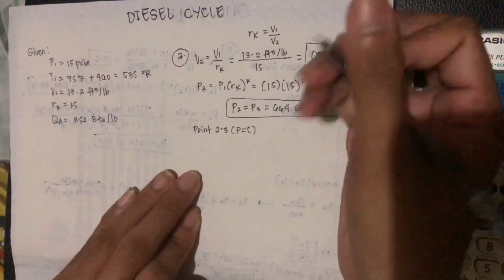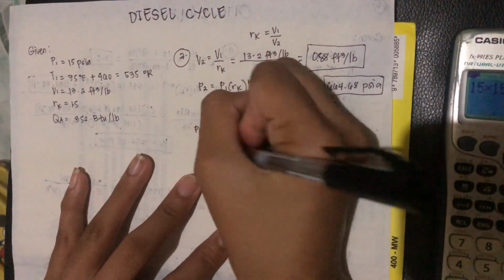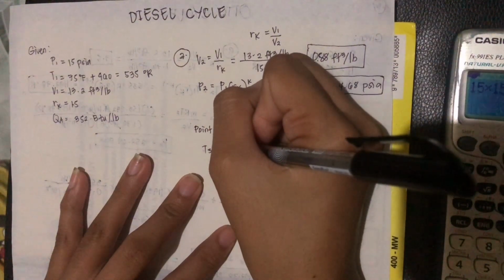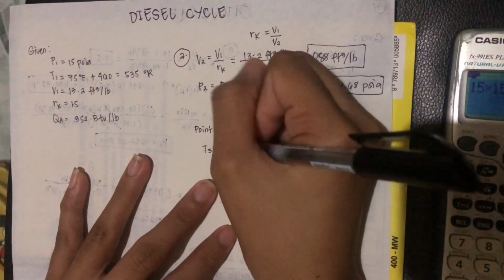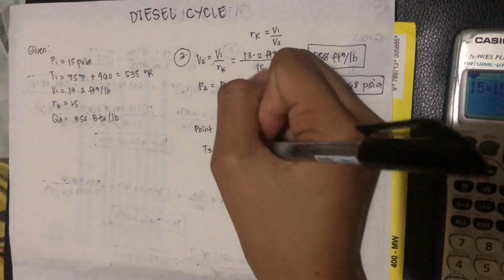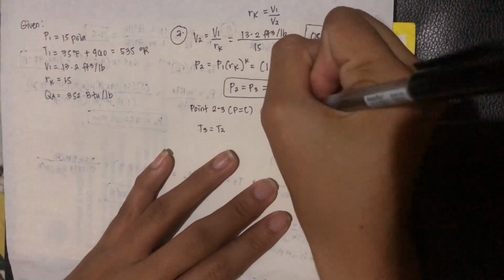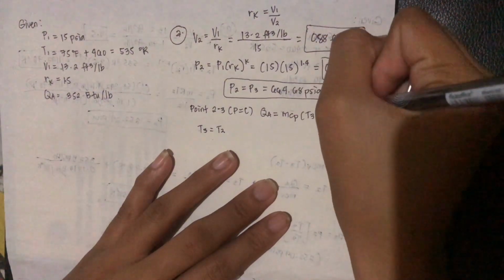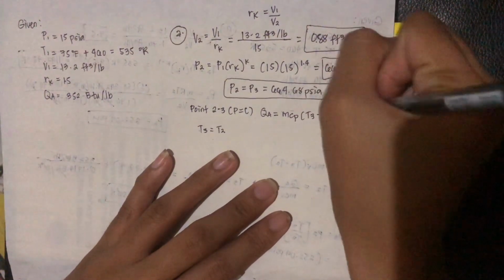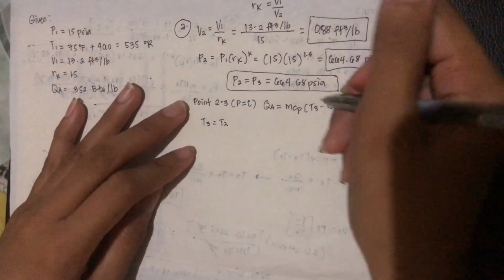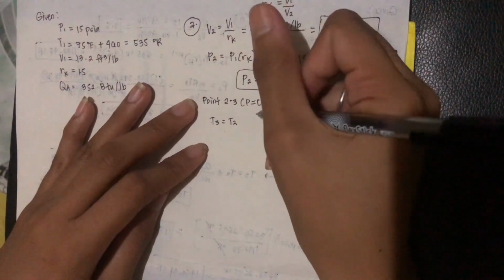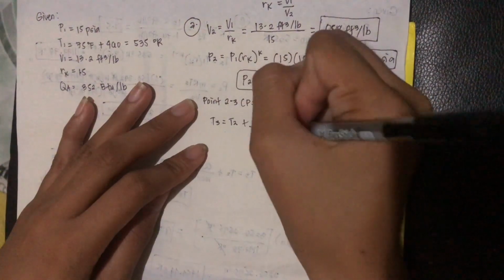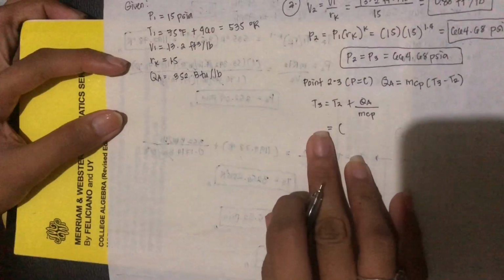So QA is equal to MCP times T3 minus T2. We convert it, so T3 is equal to T2 plus QA over MCP. So first we need to find T2.